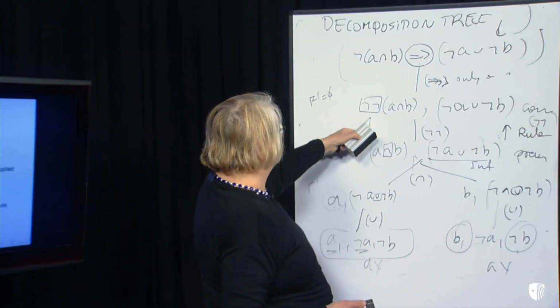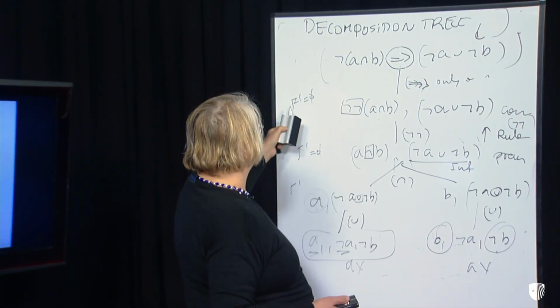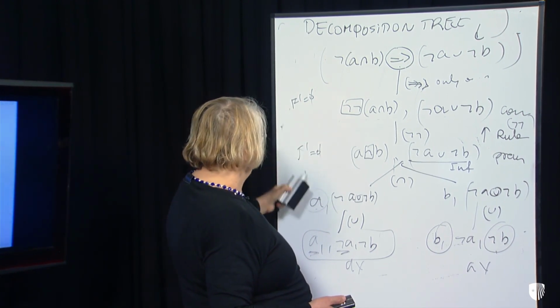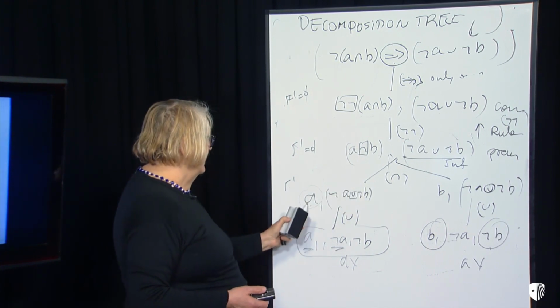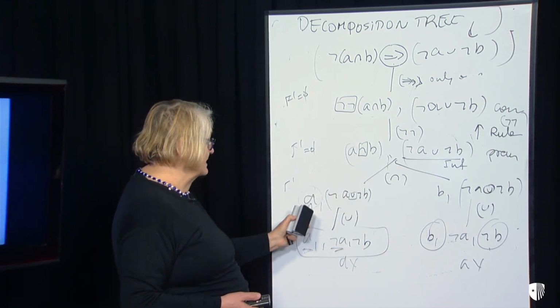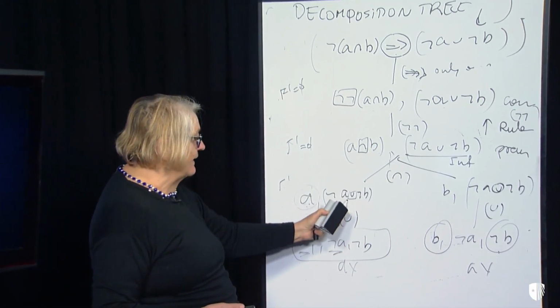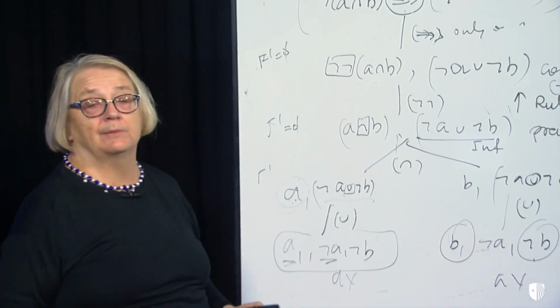The rule is determined by the first decomposable formula. Here is your first decomposable formula, because gamma is empty. And here, this is gamma prime, this is indecomposable, so that is the first decomposable formula.